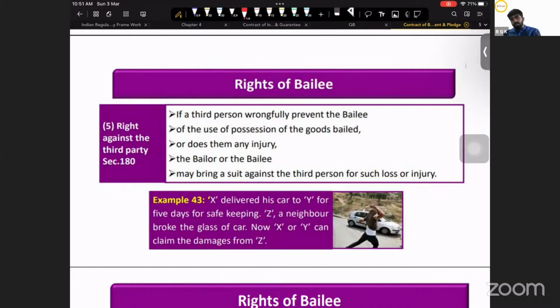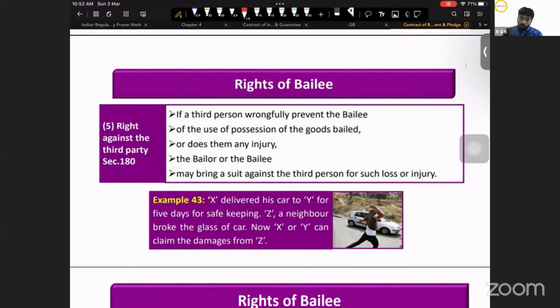When goods are in your custody, even though you are not the owner, and a third party destroys or injures the goods, or prevents you from using them, the law says you will be deemed owner in that situation, and you have all the right to sue the wrongdoer.